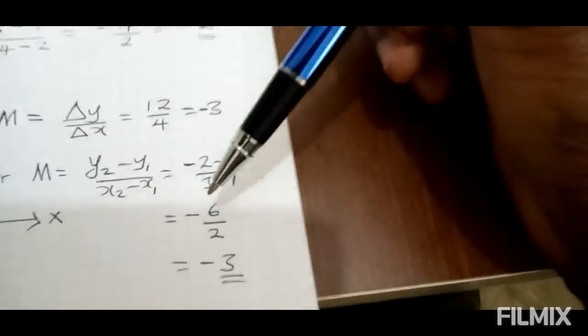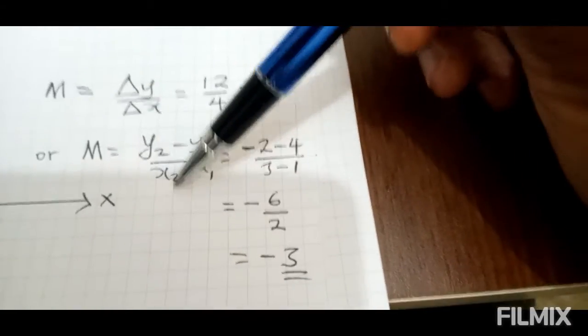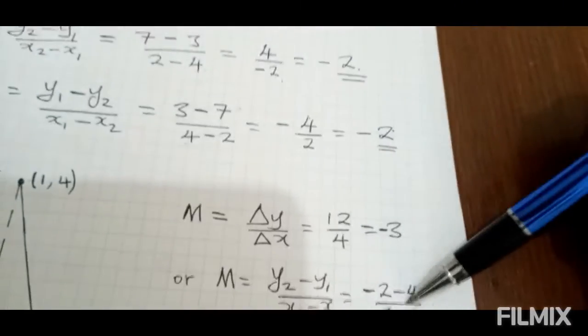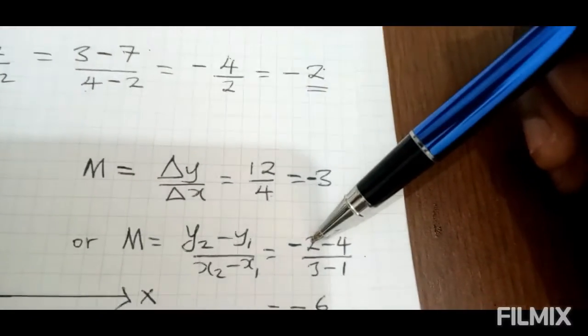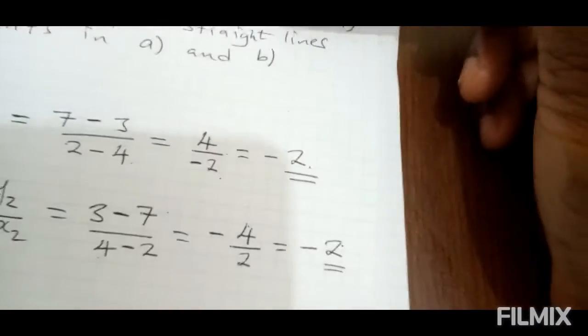Or we can find it by the formula y2 minus y1 over x2 minus x1. Our y2 is -2, y1 is 4, so -2 minus 4.